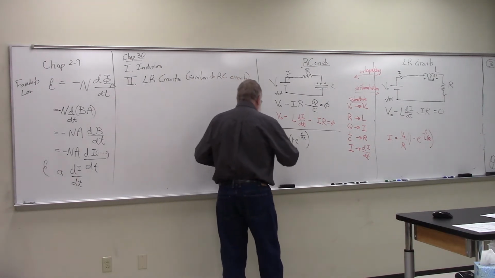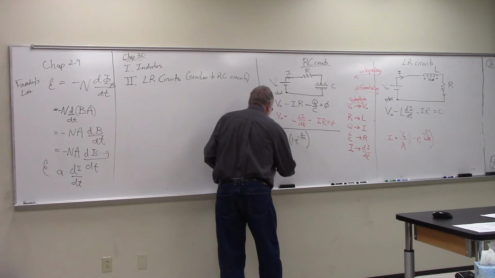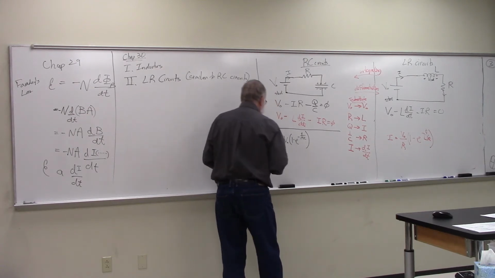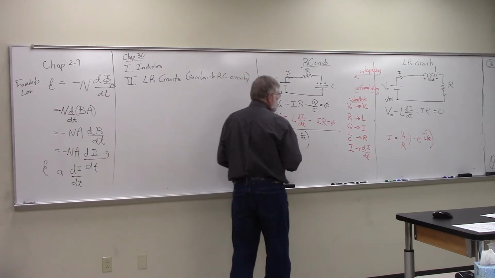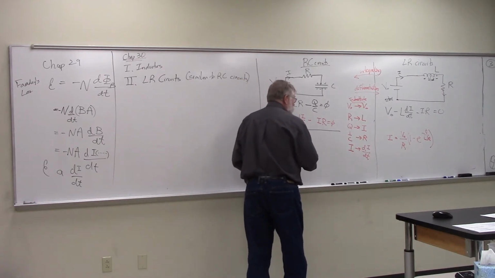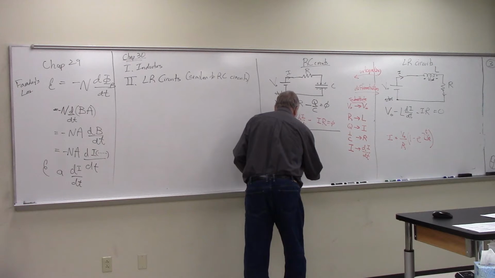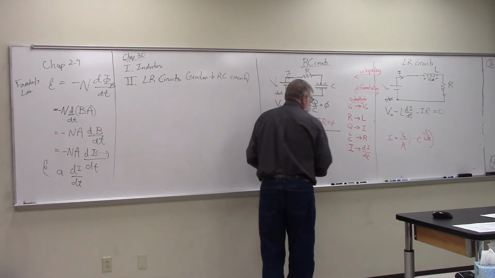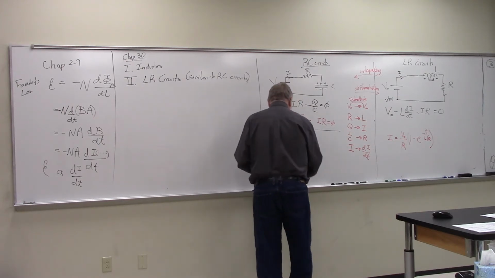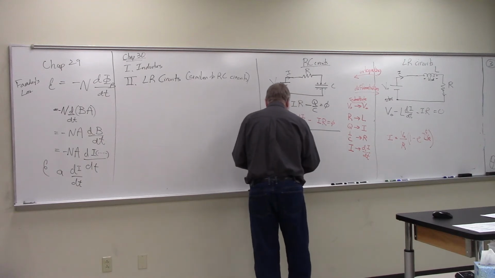In our RC circuit, we found that the current, which was the derivative of this thing, was C times V0. Well, I'm just going to give you the answers.